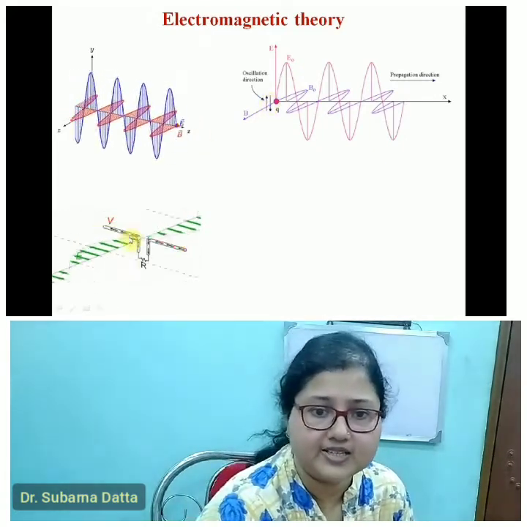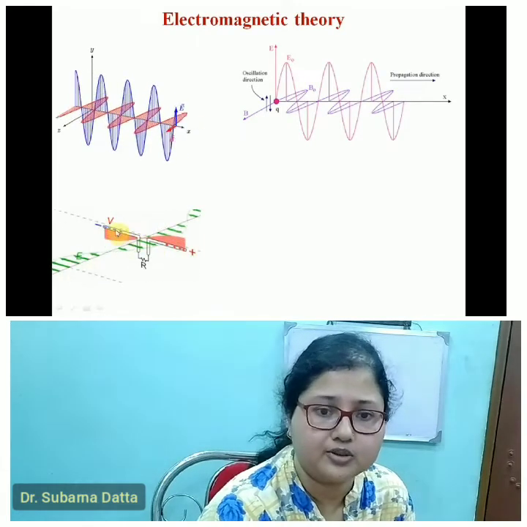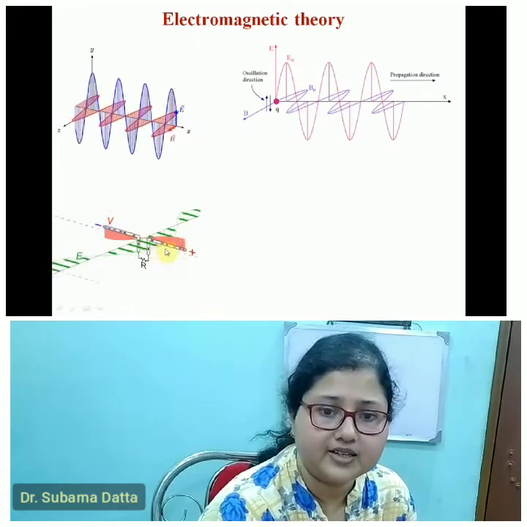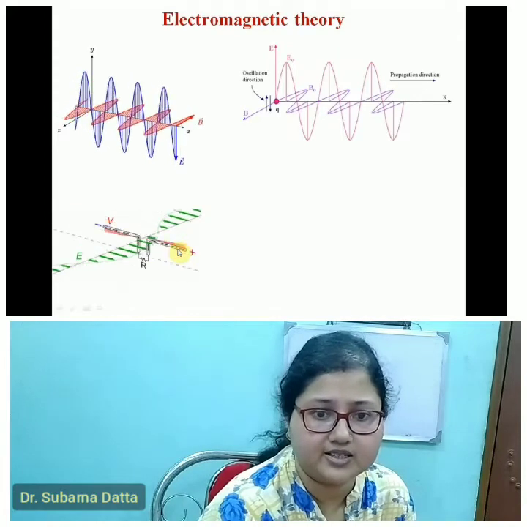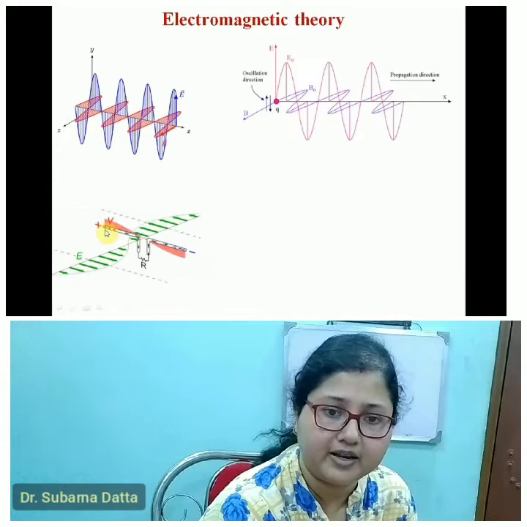Similarly, suppose there is a circuit with an alternating current passing through it, then an electromagnetic field is generated along the x direction, perpendicular to the electric field and magnetic field.